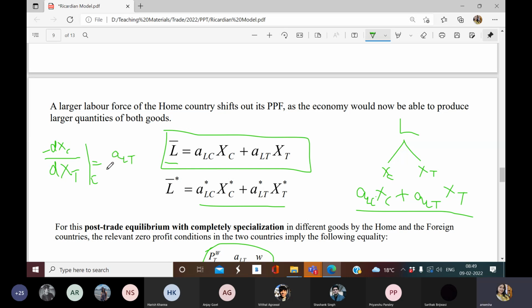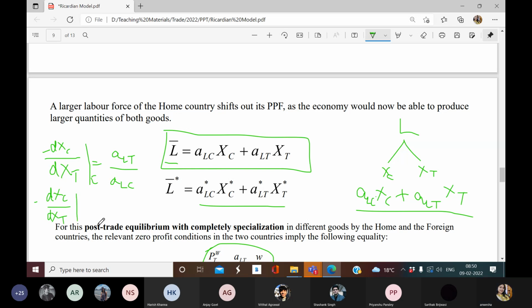What will be the daLJ? Fixed coefficient production technology means the amount of labor requirement, that means aLT, will be unchanged. It doesn't matter how much XT you are producing. So then what will be daLJ? 0. Yes, very good.